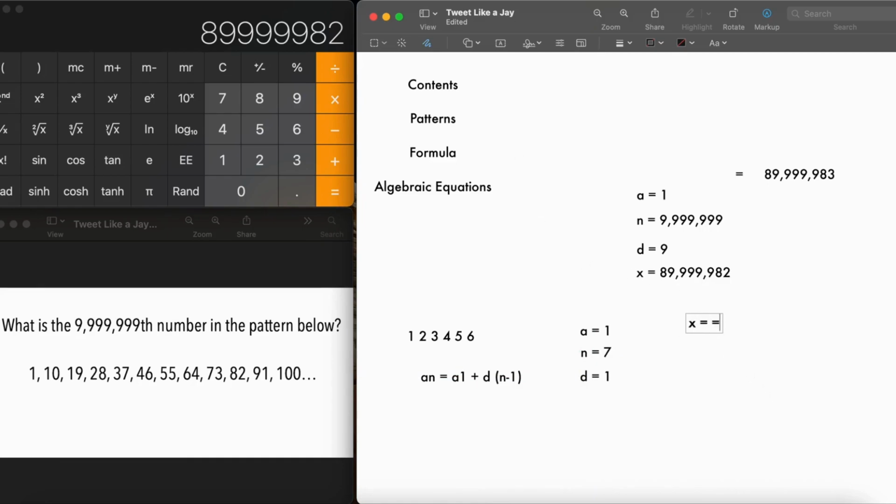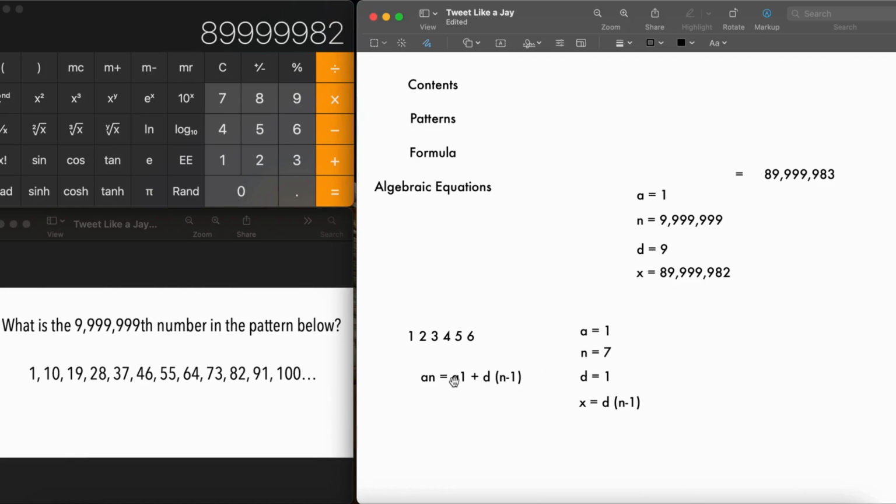X equals D times N minus 1, basically. So we have A1, that's 1, 1 plus D times N minus 1. So that should be 1 times 7 minus 1, 6.